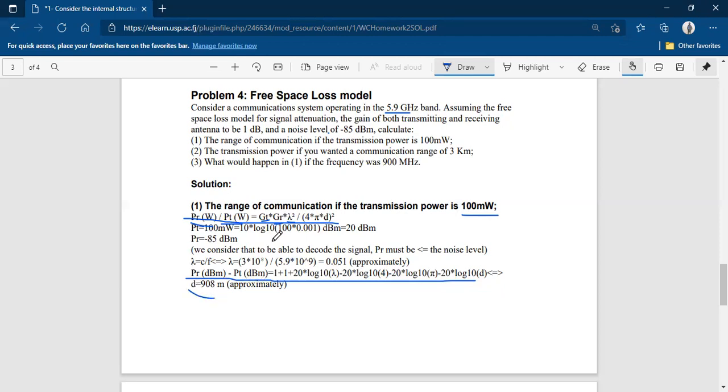So I want you guys to try this out right now. Do you get the same value? Just check.